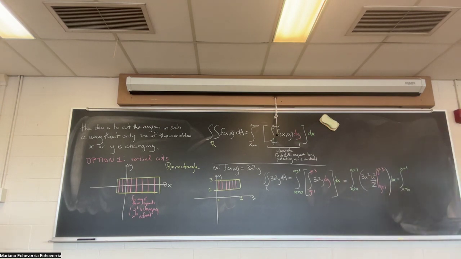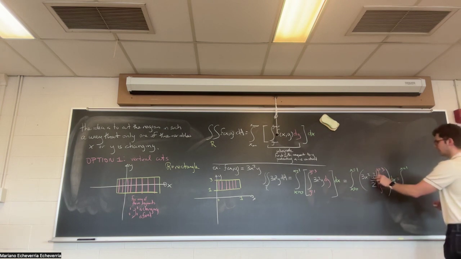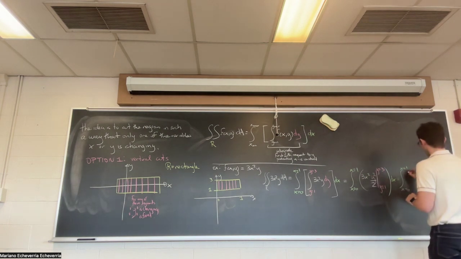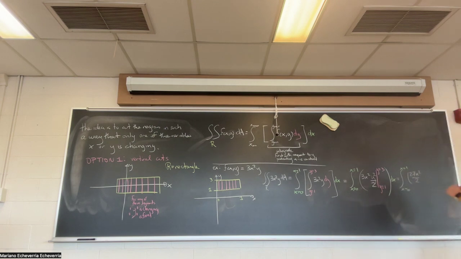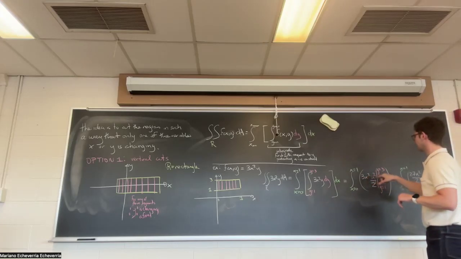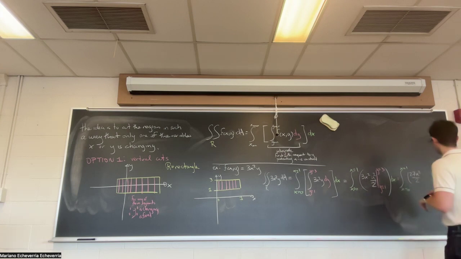So what happens when you put y equals 3? You get 3 squared, which becomes 9, and 9 times 3 is 27. So you get 27x squared over 2. That's what you get at y equals 3, and at y equals 1, you get 1 squared, so that's just 1, 3 times 1 is 3. So you get minus 3x squared over 2.